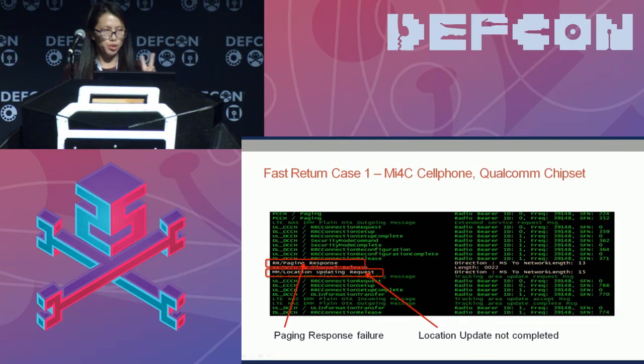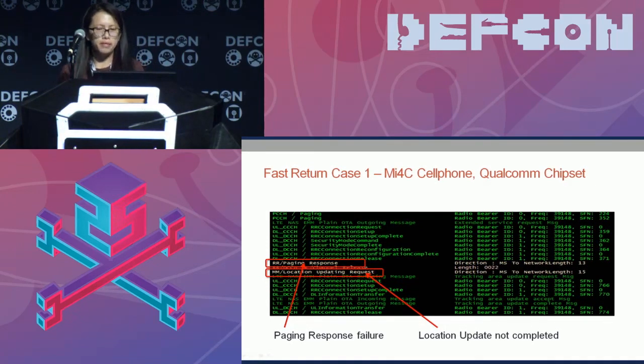Here we show 2 cases. The first one is about the Qualcomm chipset. In this figure, the green texts are 4G signaling and the white texts are 2G signaling. You can see that the Qualcomm chipset sends a location update request here, but there is no location update accept following.